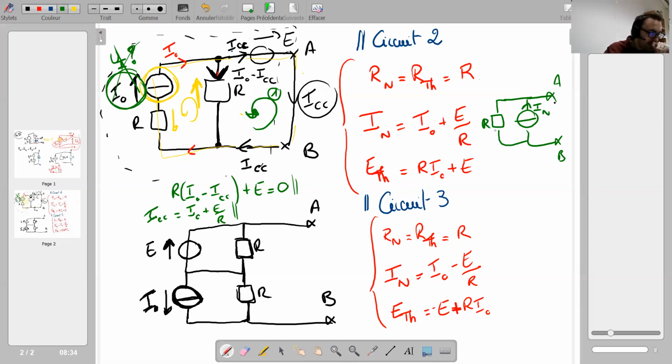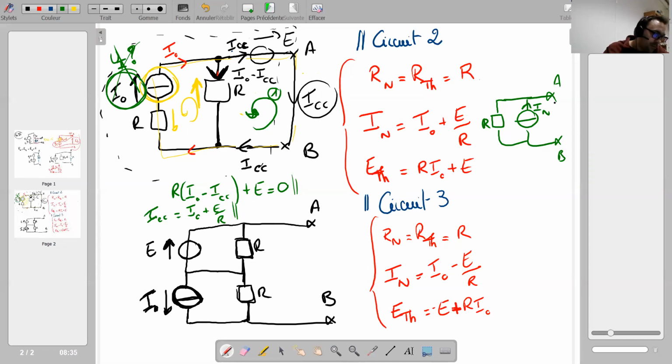Is it fine? Yes, but were we supposed to use Norton and Thevenin's law? Sorry, I didn't get your question. Are we using here Norton or Thevenin's model, theorem? Yes, this is the case.